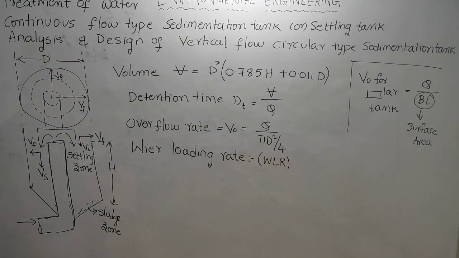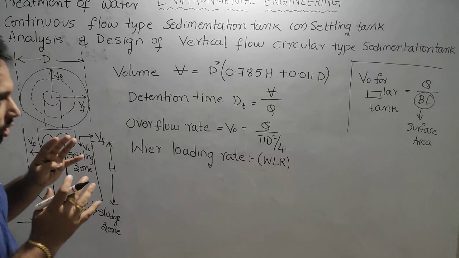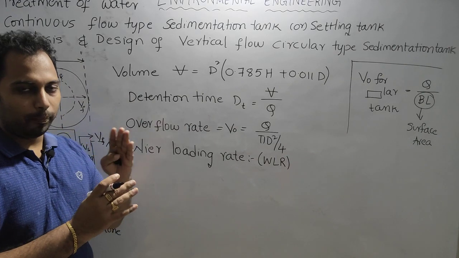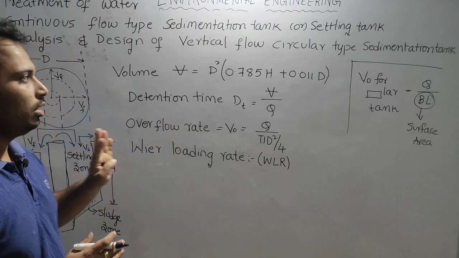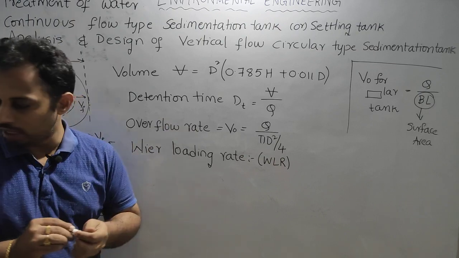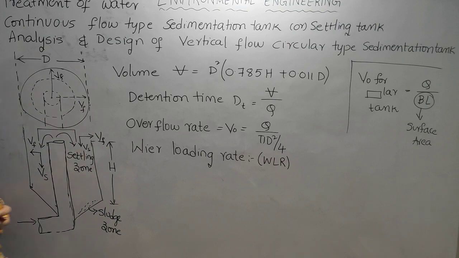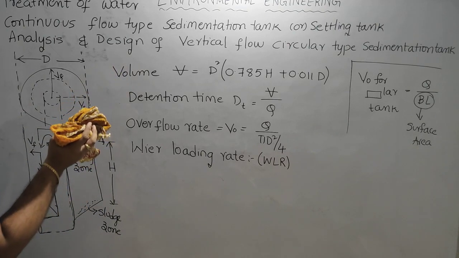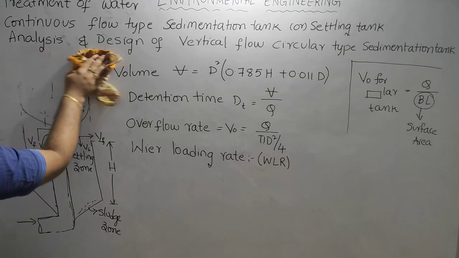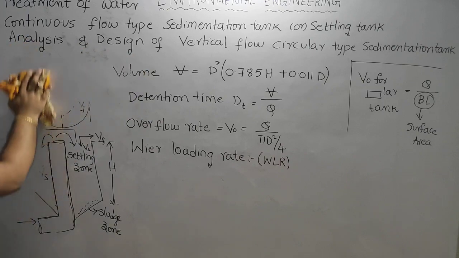So the wear loading rate, it is defined as the discharge which is coming out of, what is the load you are applying on the wear. See, simple, I will explain what is wear loading rate. Let us erase this and then we can easily explain it by drawing a figure. Okay.